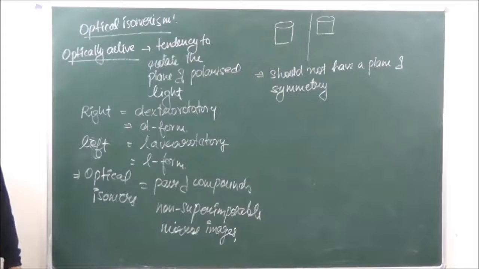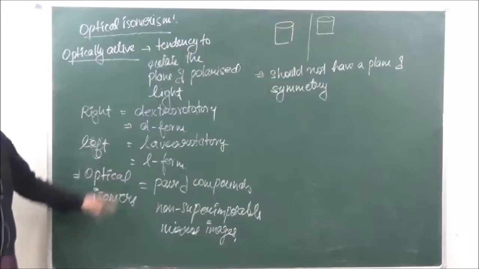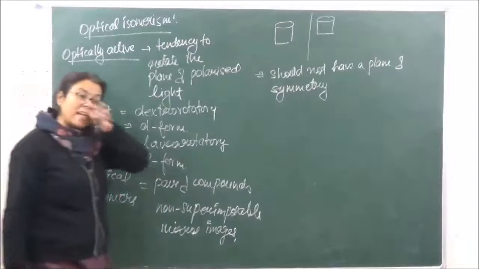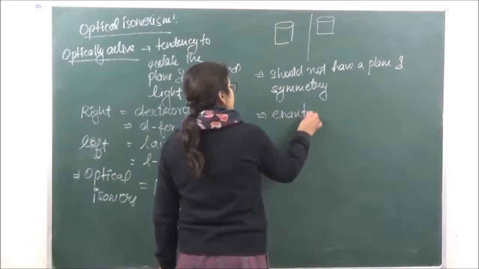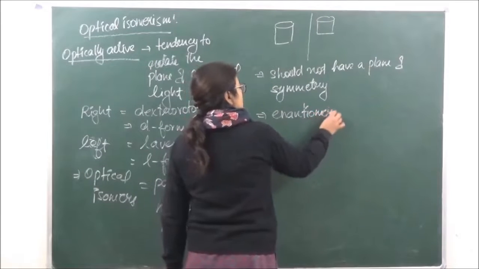The two optically active isomers are given another name: enantiomers.